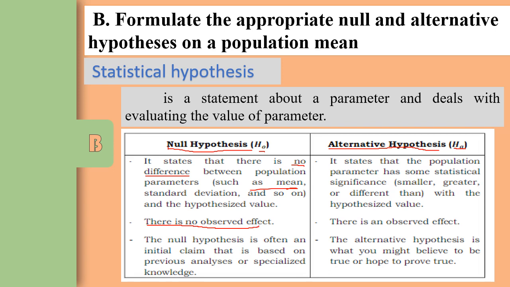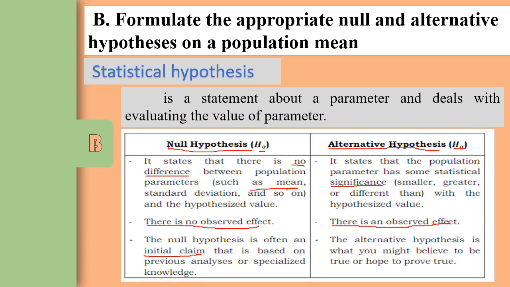The null hypothesis is usually your initial claim, or your first assumption about something. The alternative hypothesis is the opposite of the null. If the null has no difference, here there is a significant difference between the parameter and its hypothesized value, and the independent variable has an effect on the dependent variable.